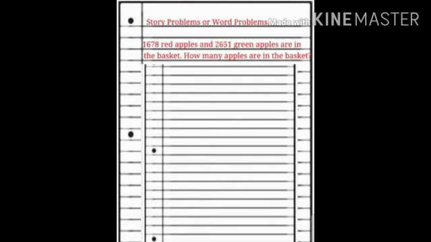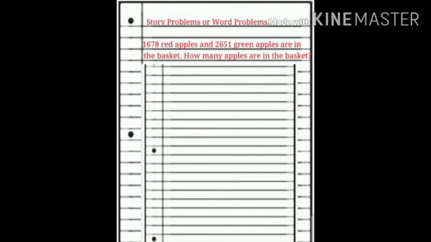Look at the amount of the apples. 1678 red apples and 2651 green apples. So the amount is more. There are more green apples, isn't it? The quantity is more, so we can't count and add.